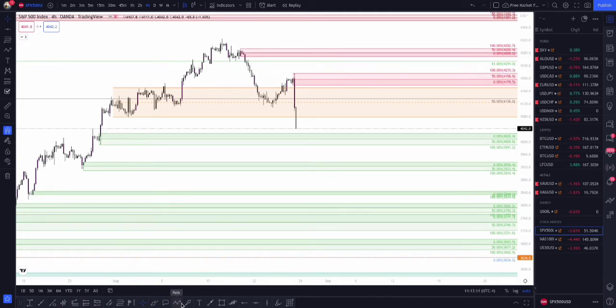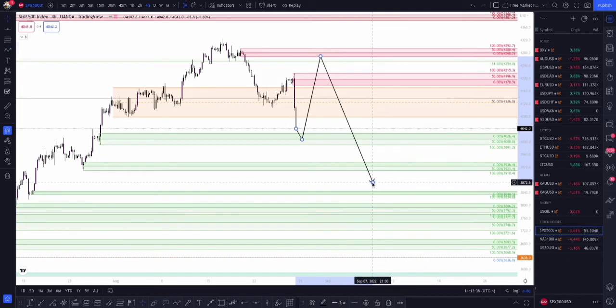I am bearish right now, but as far as our market forecast, I want to see price come down into this unmitigated demand, and come up to at least this 4-hour supply before it continues to the downside.